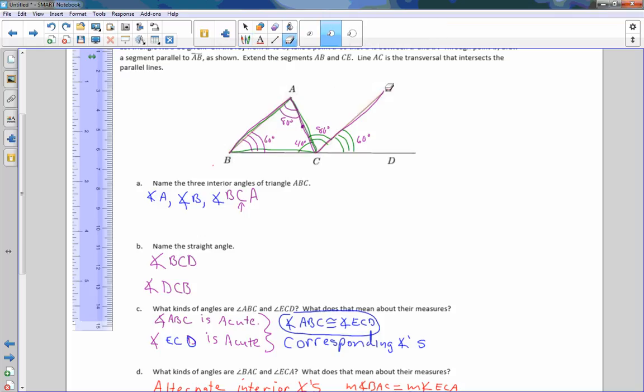So then when I get rid of everything outside the triangle and we just focus on the triangle that they're asking us about, we see that 40 plus 60 is 100, and 100 plus 80 is 180 degrees. So I can take those three angles that make a straight line and make them congruent by rules to the angles inside the triangle, and voila, the triangle adds up to 180 degrees.